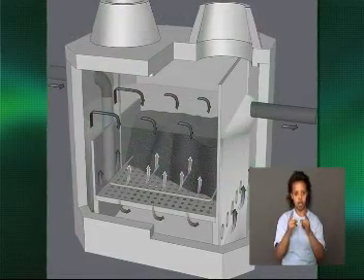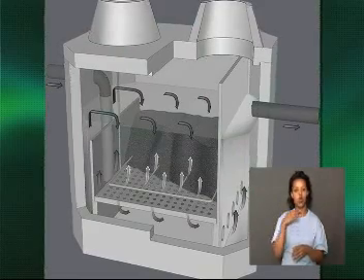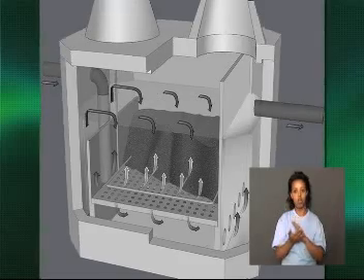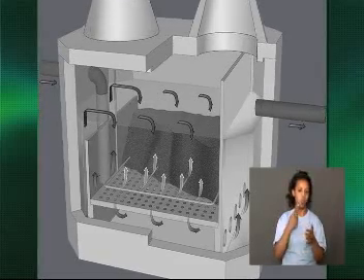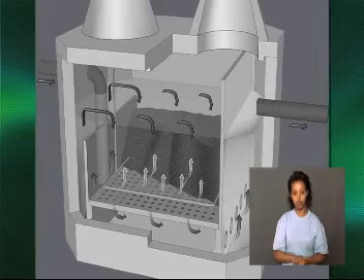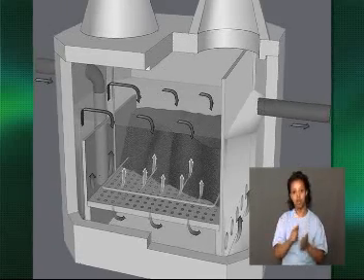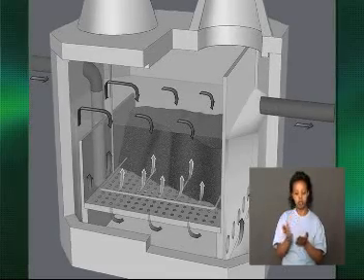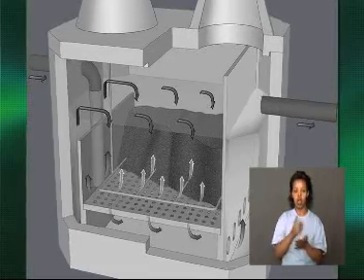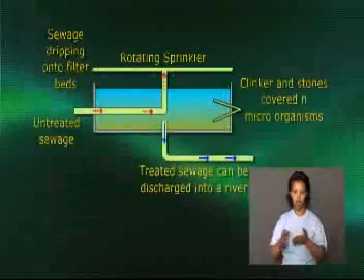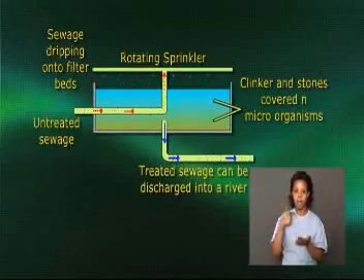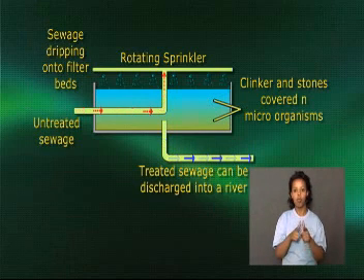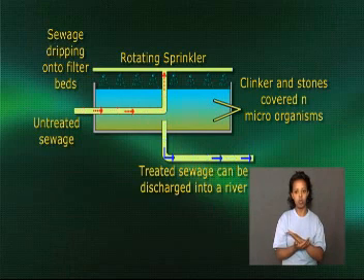The percolating filter method is a relatively simple and inexpensive method. It is an aerobic application in which the sewage is distributed by a revolving sprinkler suspended over a bed of filtration material. In this method, sewage is strained to remove large pieces of debris.